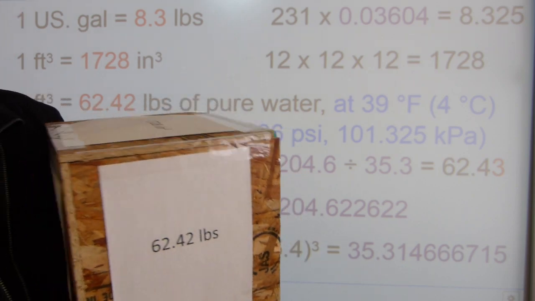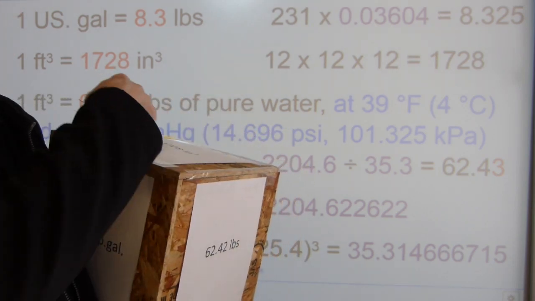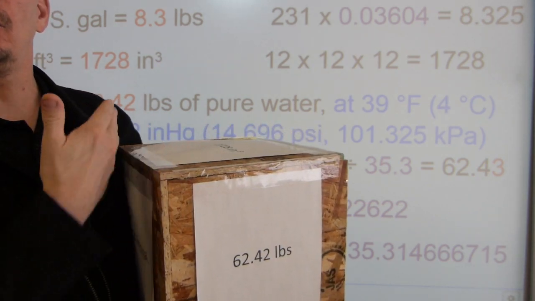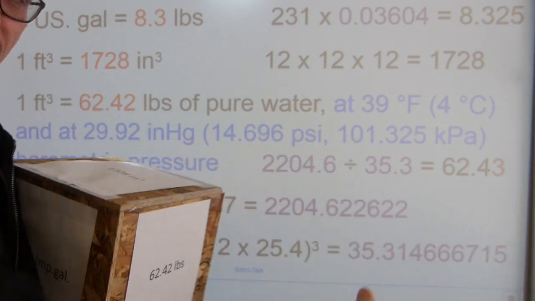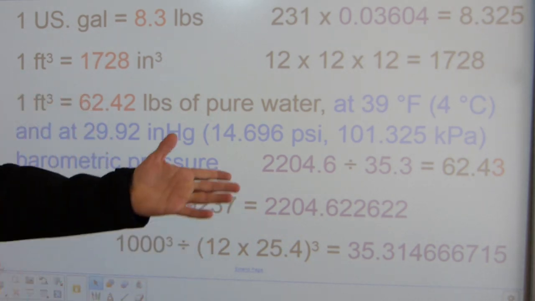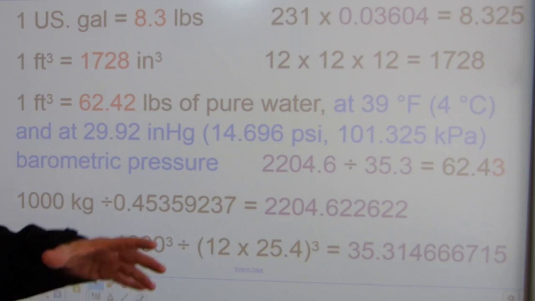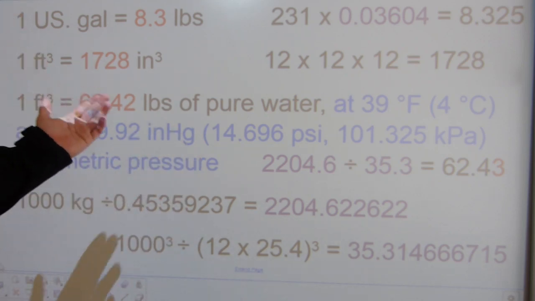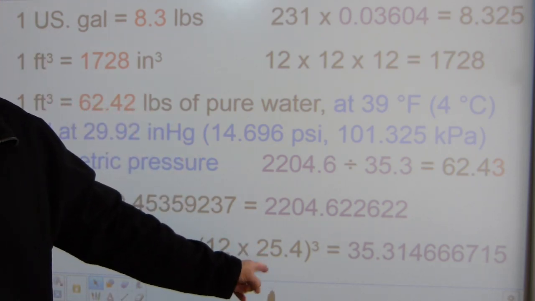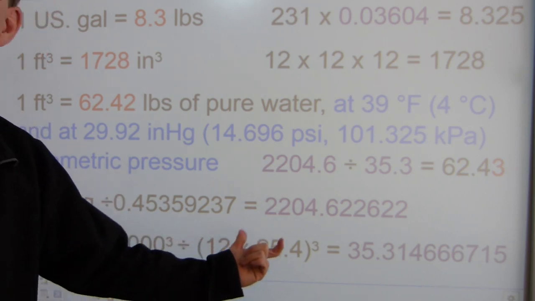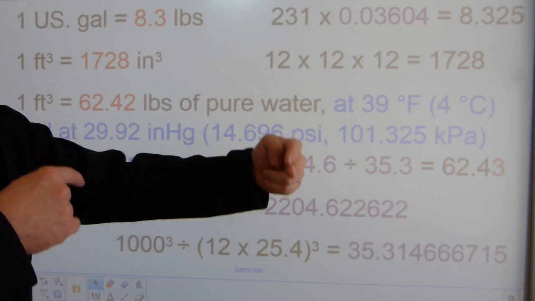So a cubic meter, just like this cubic foot, is a cube that's 1 meter by 1 meter by 1 meter. So it's a biggie. It doesn't fit in the camera's view here. And 35 of these cubic feet fit into a cubic meter. The length of an inch is 25.4 millimeter, so 12 inches make a foot, so that's 1 foot cubed.